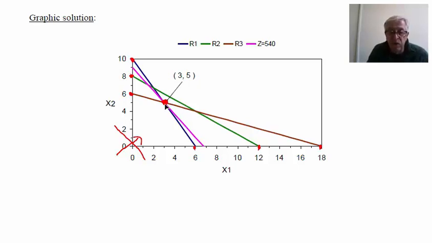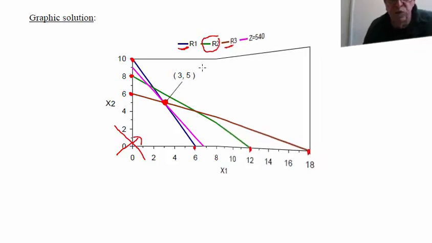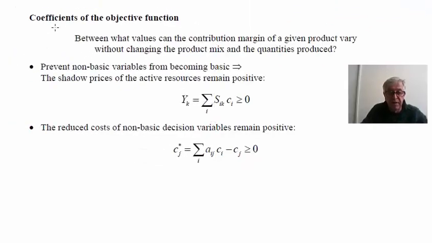And we conclude that it is defined by restriction 3 and restriction 1. And of course, as we saw before, we have slack in resource number 2, that is, we are far from the boundary defined by restriction 2. So let's start with the coefficients of the objective function.